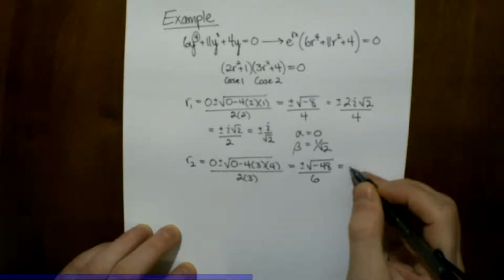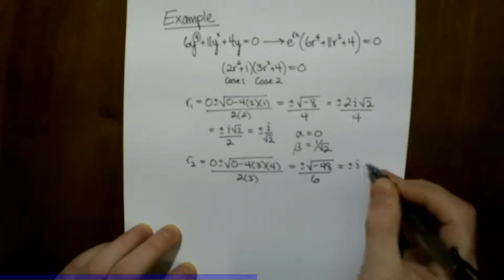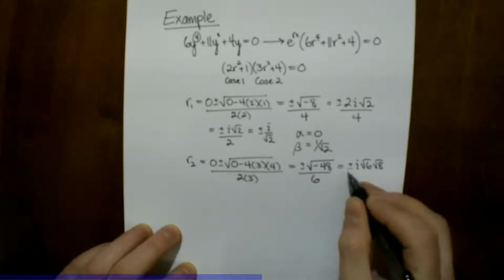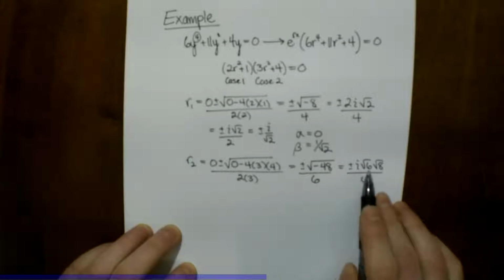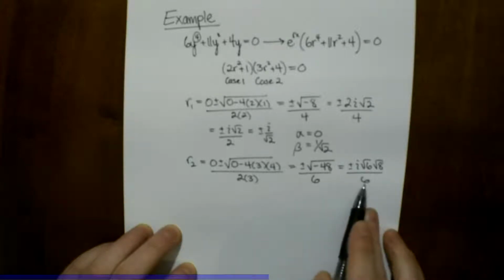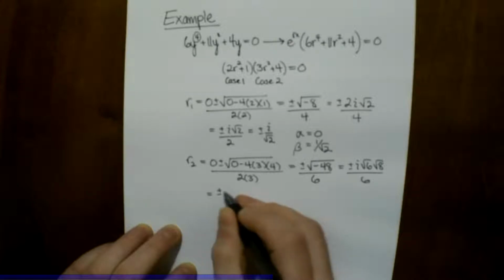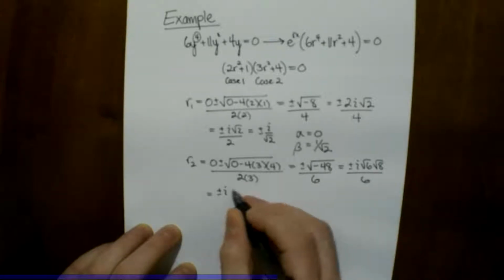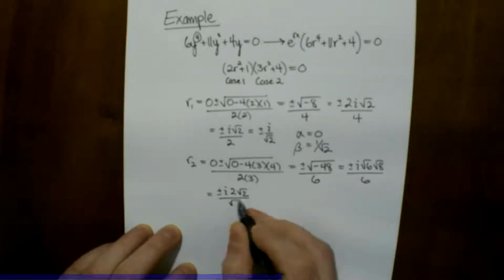48 has a factor of 6 and 8 in it, so we can write this as plus or minus i square root of 6 square root of 8 over 6. And as before, we've got a square root of 6 here and 2 square roots of 6 in the denominator. So we can say that this is then plus or minus i square root of 8 becomes 2 square roots of 2, and we still have that square root of 6 in the bottom.